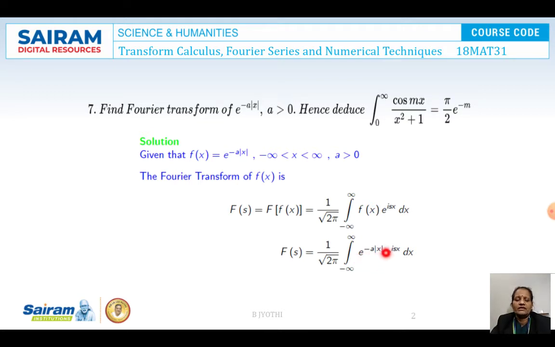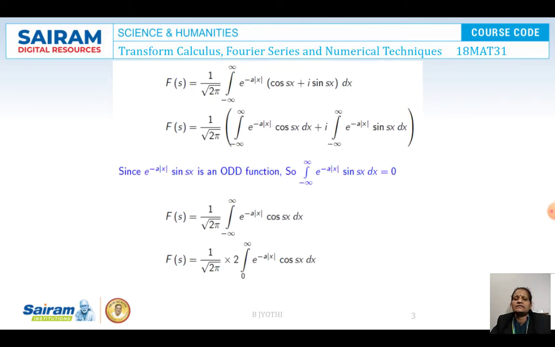Then we will segregate the real and imaginary parts by taking e to the power of isx as cos sx plus i sin sx. So we get 1 upon root 2 pi integral minus infinity to plus infinity e power minus a mod x into cos sx plus i sin sx of dx.